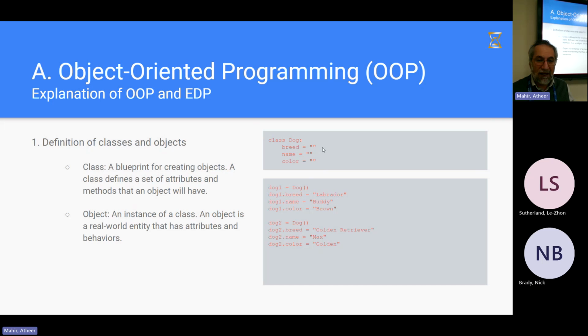Only data I put here, and this is what we call in the class concept attributes. So attributes are actually the data, and functions in the class we call methods.